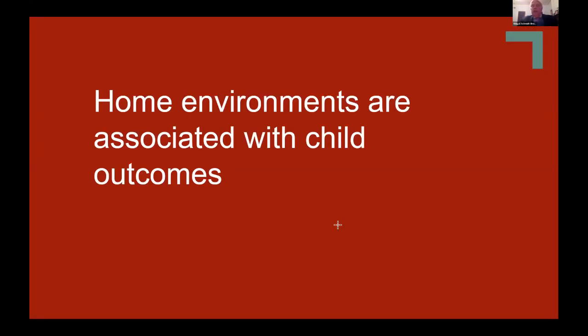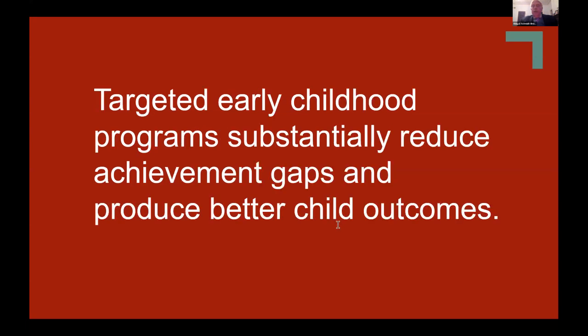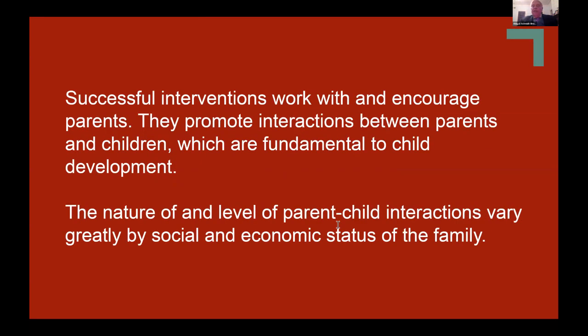Home environments are associated with child outcomes. And so targeted early childhood programs reduce achievement gaps and produce better child outcomes. Successful interventions work with and encourage parents. They promote interactions between parents and children, and they're fundamental to child development.